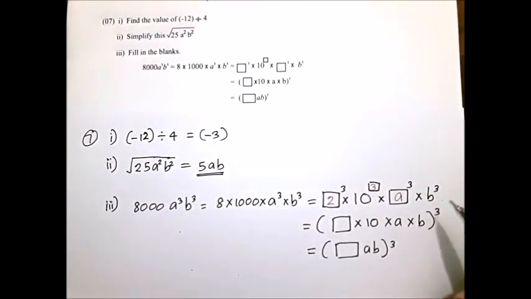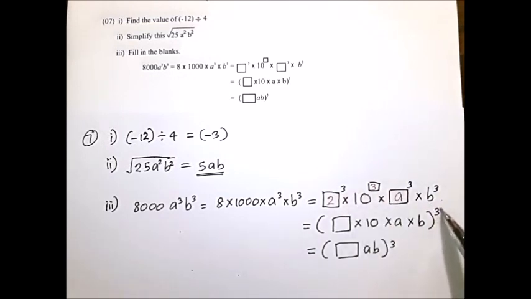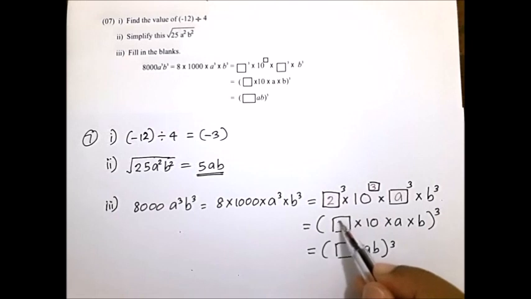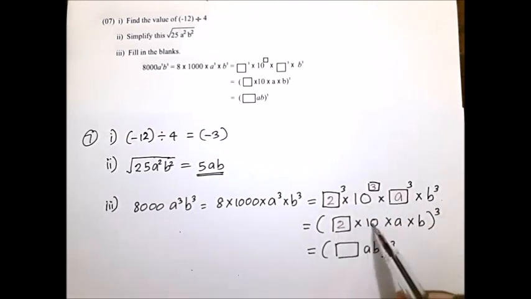Then b to the power 3. Here all powers, index is 3. You can take it here. So here 2, 10, a, b. 2 multiplied by 10, 20. A multiplied by b, ab. This is the answer.